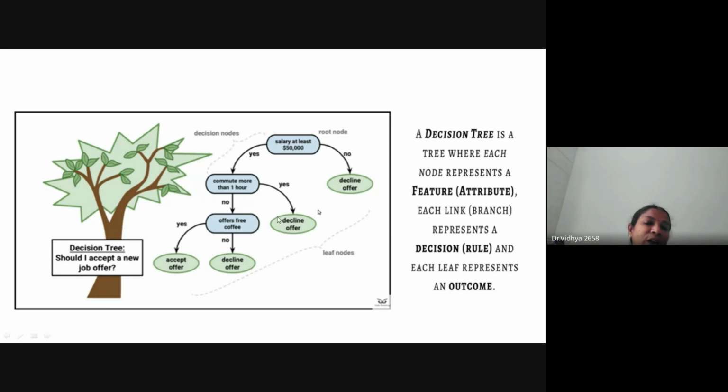This is what is given in this example. So this decision tree technique will help you take a decision where you follow some set of conditions. Based on that criteria, the tree will be constructed. Finally, the end of the tree would be the leaf, which is the decision or outcome.